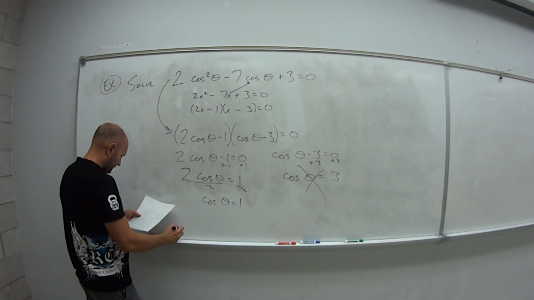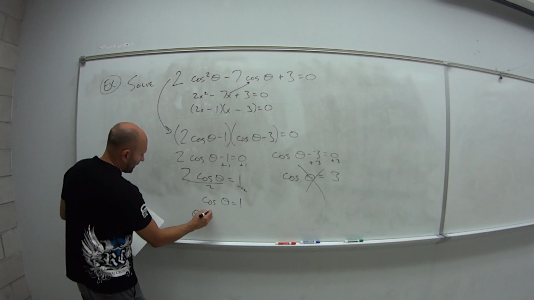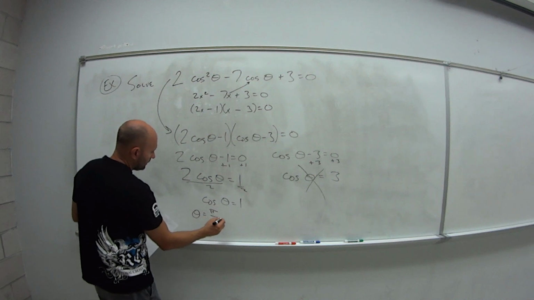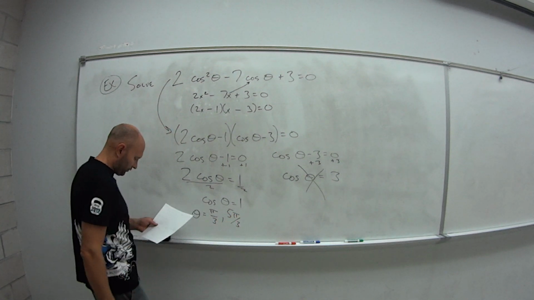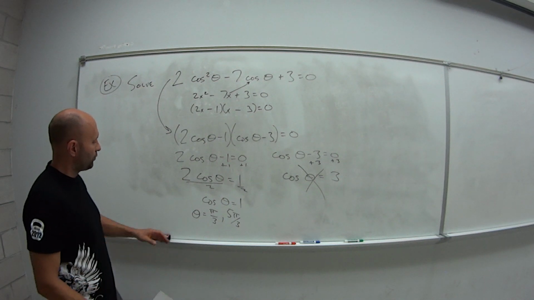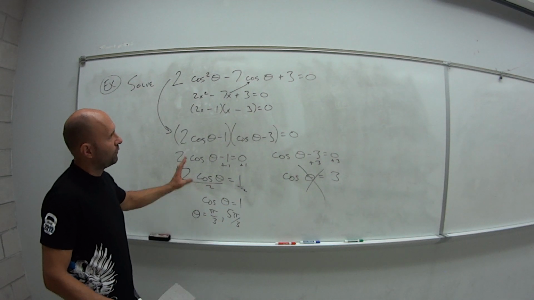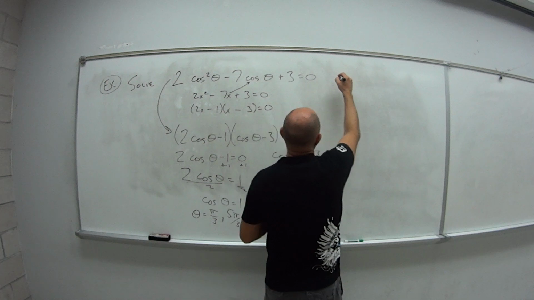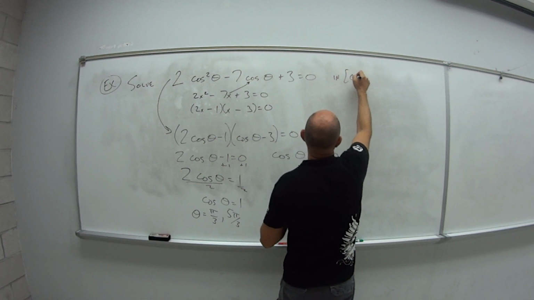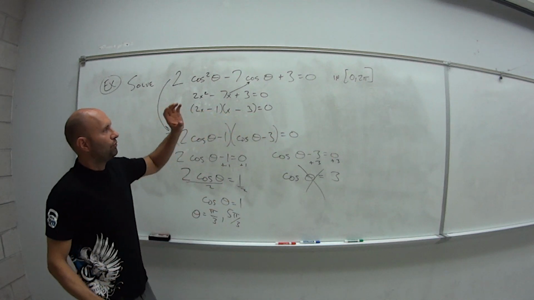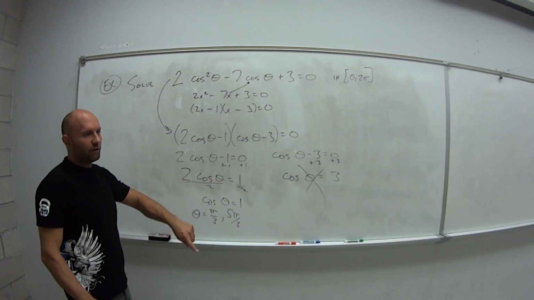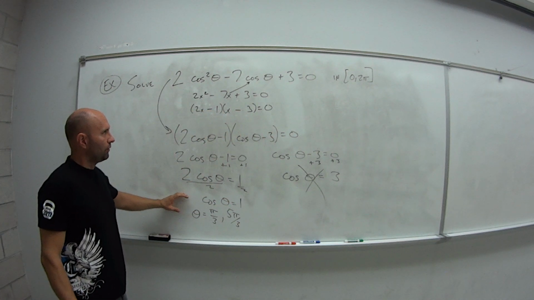Well, that's when theta is equal to pi over 3 or 5 pi over 3. So if this said solve and it told us in 0 to 2 pi, so sometimes you'll see it worded like this, it just means the solutions that happen one time around the circle.